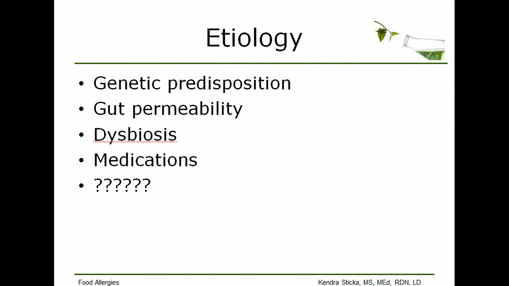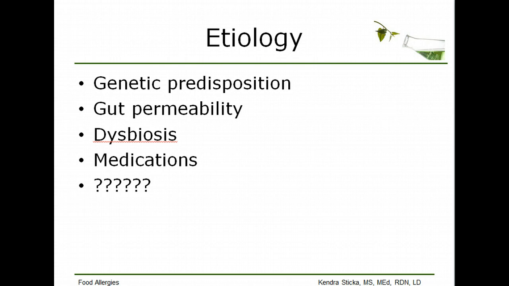And so then food components that aren't completely metabolized, for example, small proteins, leak through and get into the blood before they're completely broken down. Well, the body isn't programmed to recognize that as something friendly. It recognizes it as something foreign because it's not the form that it really should be in the blood. It should be further broken down. So there's some thoughts that that increased gut permeability could contribute to food allergies.